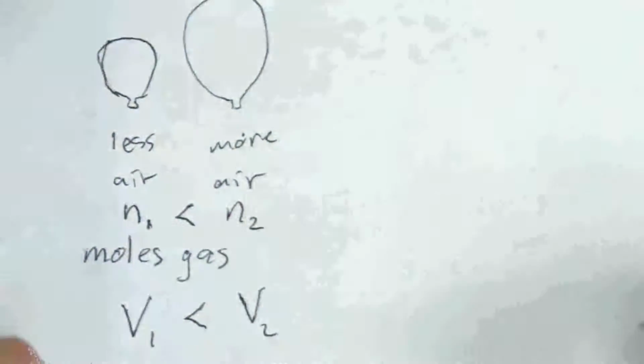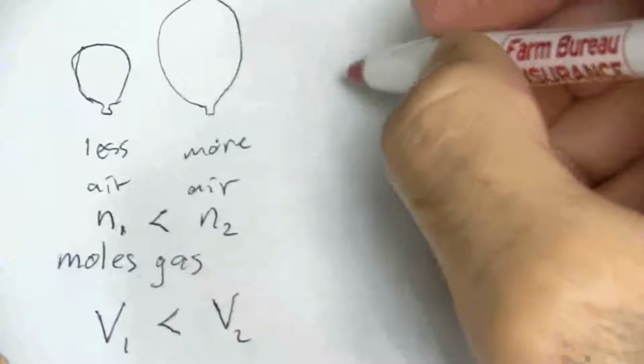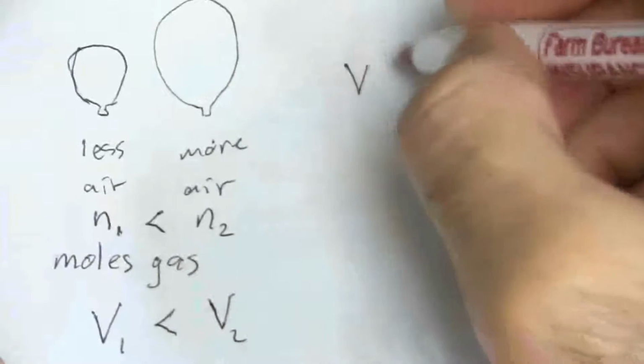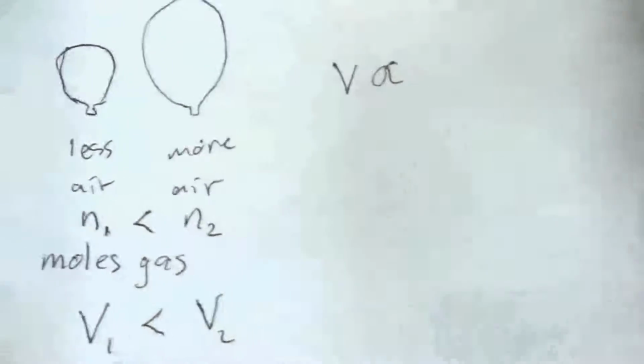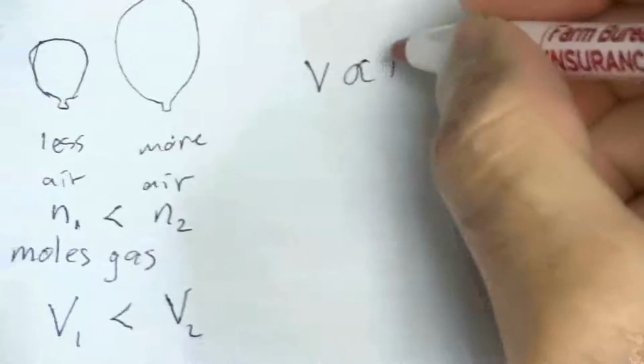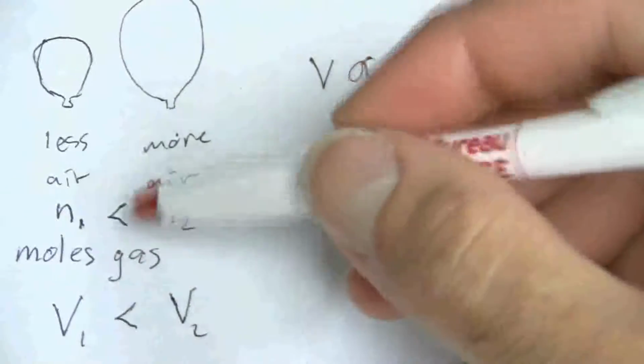So just like we did before, we have a proportionality: volume is proportional to moles. Is it directly or inversely proportional?